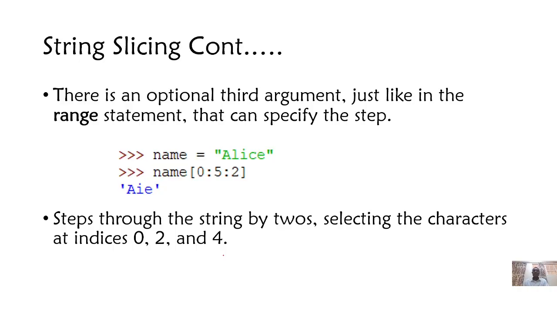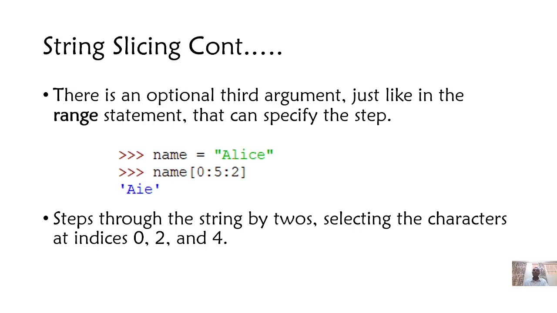Another thing is that you can also have an optional third argument, just like in the range statement. Here we have added another argument. This argument tells us that when I print A, I should move 2 steps. For example, from A to L is 1 step, and from L to I is one step.